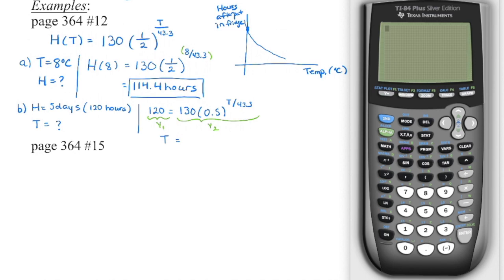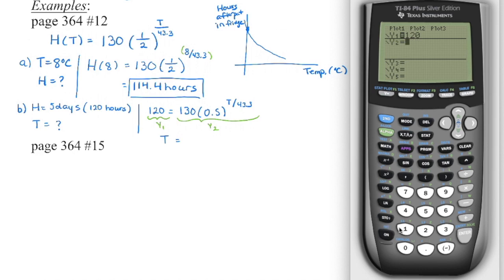When I put this in, the first thing I'm going to do is adjust my window. I'm going to leave the x-axis as it is right now. We might have to change this, but my y maximum needs to be higher than that. So maybe let's try 150, and maybe put a scale of 20 in there. Go into y equals, clear out what you have in there already, and enter the left side as 120. Then clear this out.